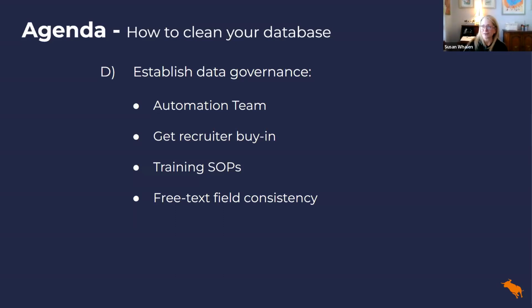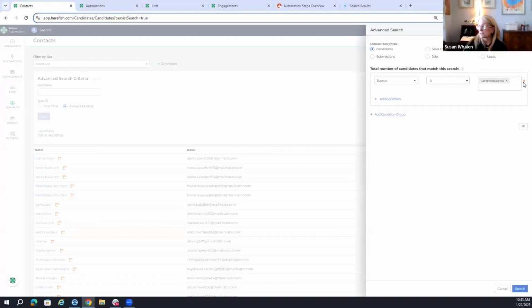Actually, I want to show you how you can look at that really quickly. I'm going to pop over there for a moment. But you can see which recruiters might be, or just by mistake, engaging in that practice.